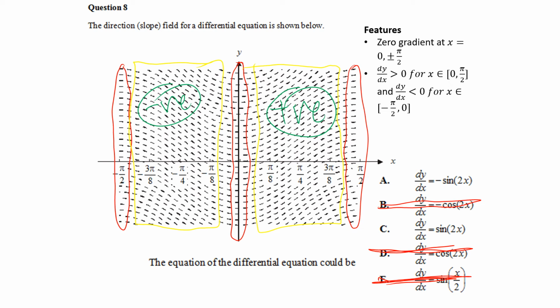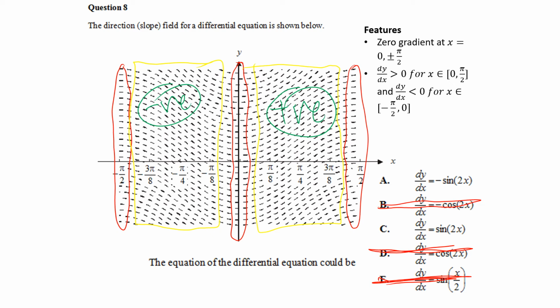So dy dx. So we know from 0 to pi, sine is always positive. So from x equals 0 to pi on 2 for sine 2x, it must be always positive.